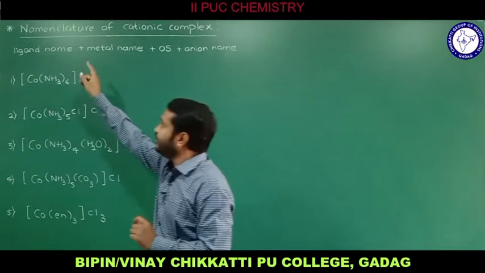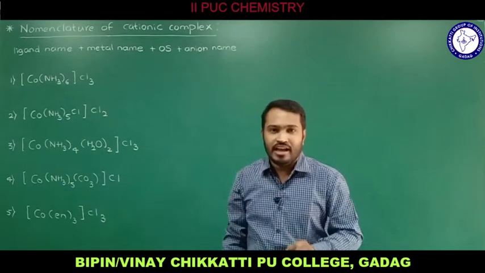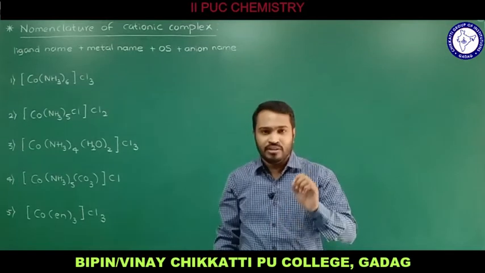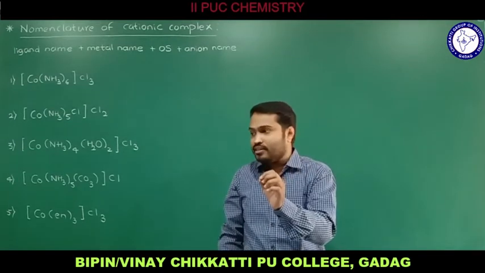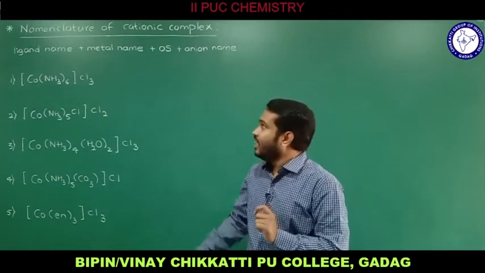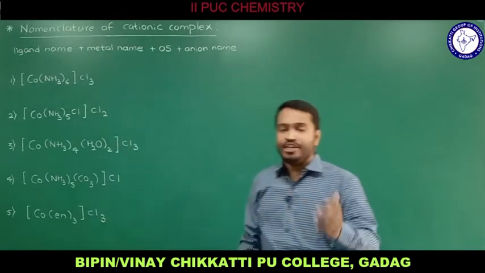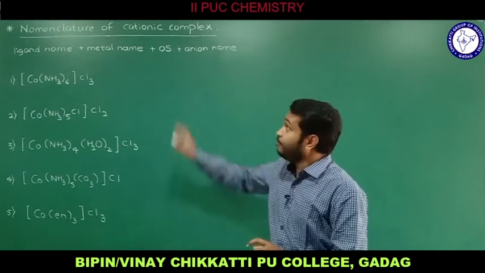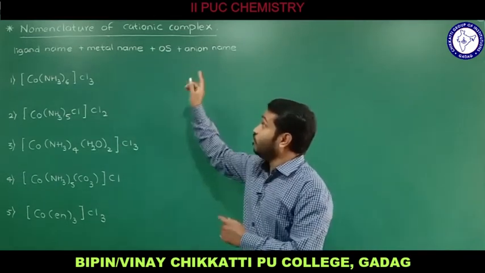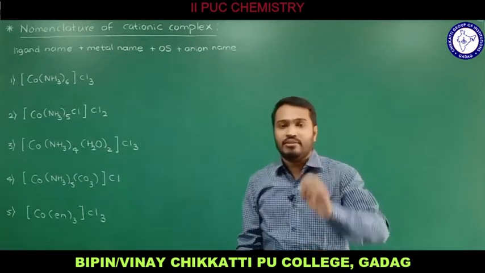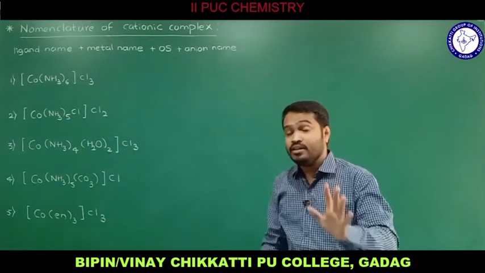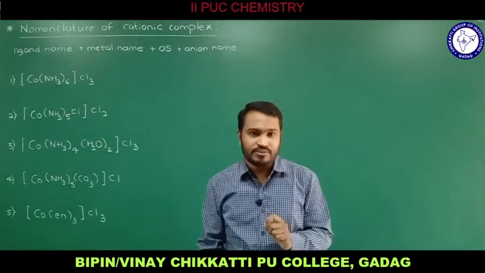First, we need to consider the ligand name. If I mention any coordination compound, you are going to find out which one is the central metal atom and which one is the ligand. First, the ligand name we need to write. After that, the metal name, then the oxidation state of the central metal atom, and later we write the ion name in case of a cationic complex.